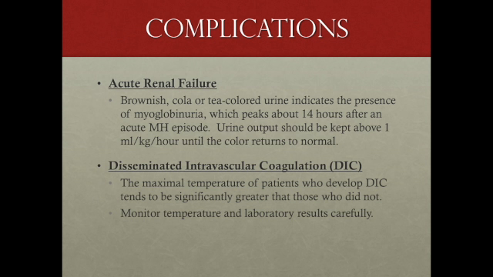This basically indicates the presence of myoglobin within the urine. And DIC, disseminated intravascular coagulation. You're going to want to monitor temperature and laboratory results carefully, and in either case, you're going to want to monitor intake and output aggressively.